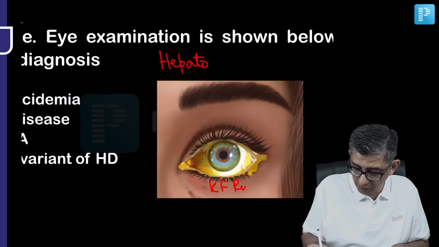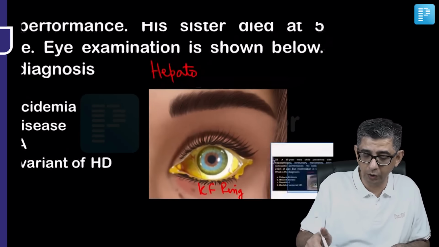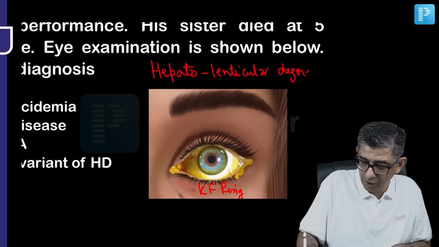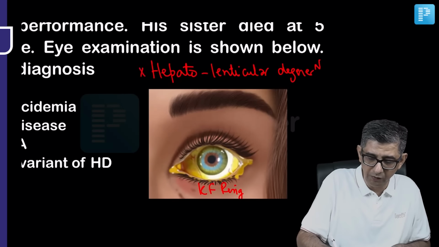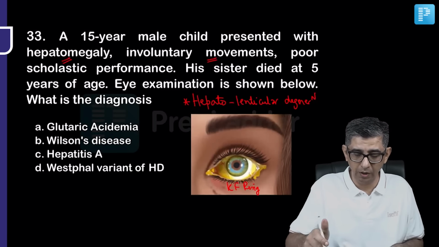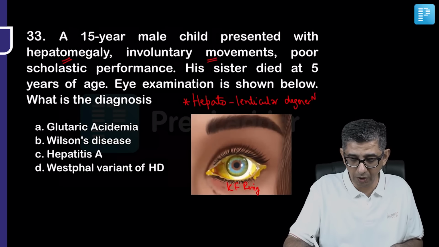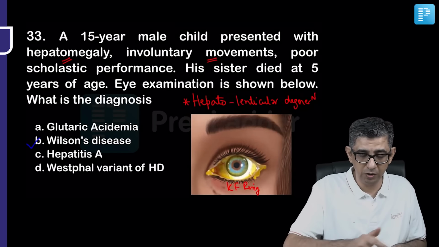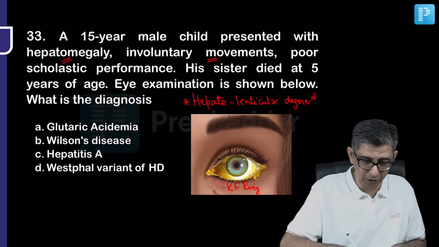So the question can be answered on the basis of a combination of hepatolenticular degeneration. He has not specifically mentioned lenticular nucleus involvement. But my point is, if you are having a liver involvement, a basal ganglia involvement, and a KF ring present, then the KF ring obviously predominantly would help you in identifying that this is Wilson disease per se. The correct answer for 33 is option B.